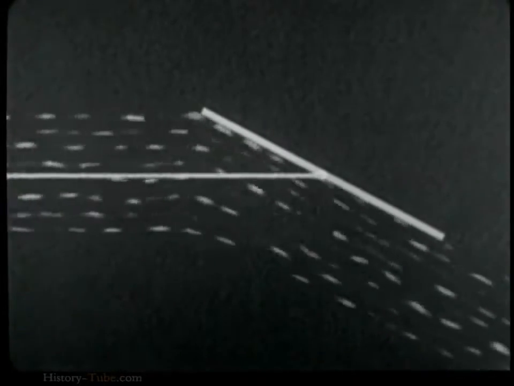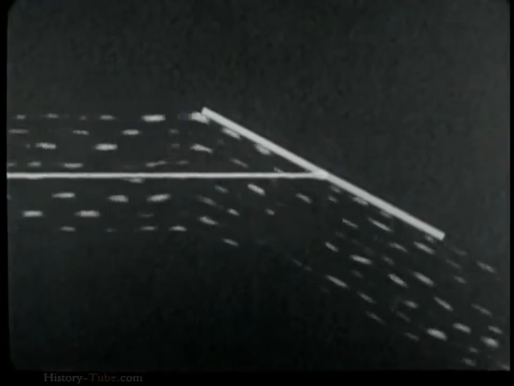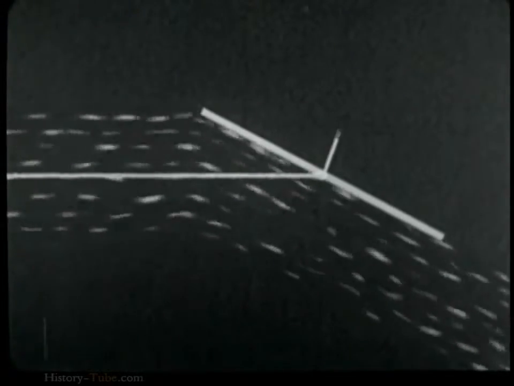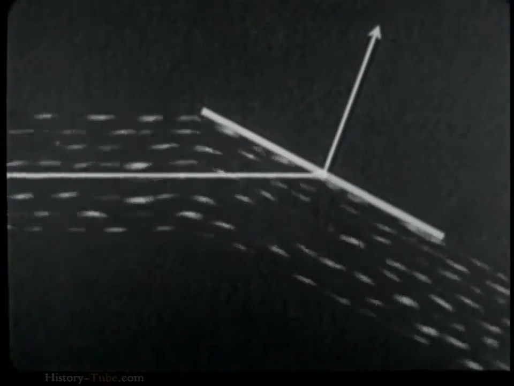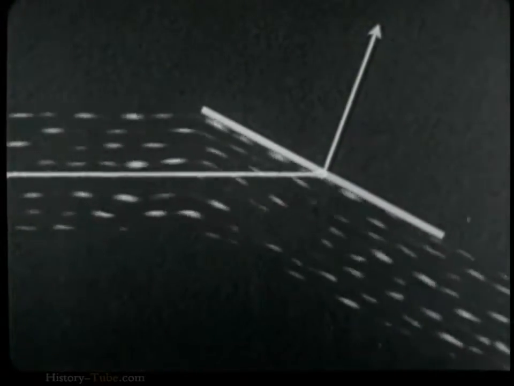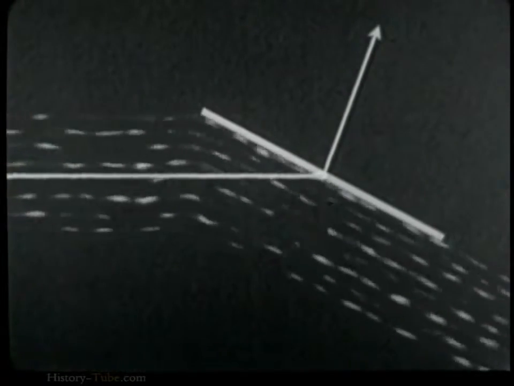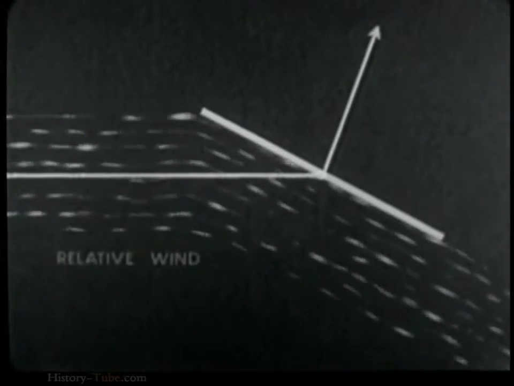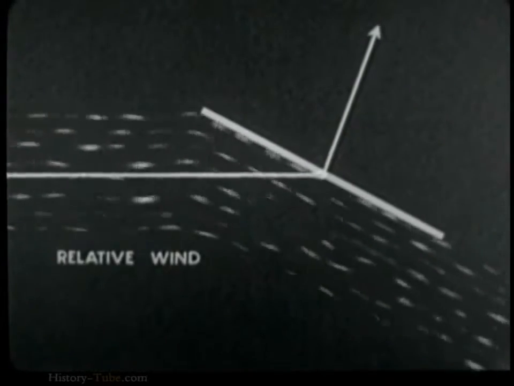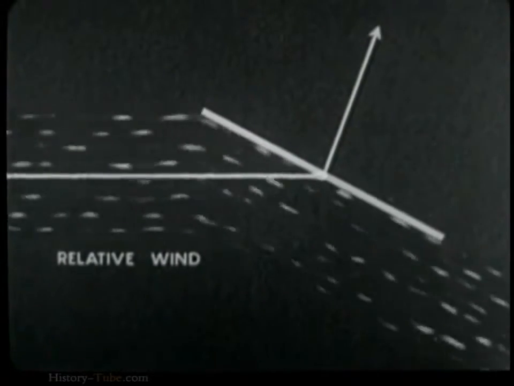An airstream flowing past a flat plate exerts upon it a force whose direction depends upon the angle between the plane of the plate and the direction of airflow. This force may be analyzed into component forces, which are called lift and drag.